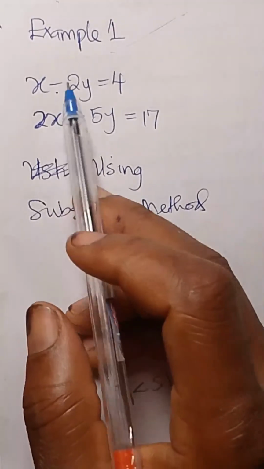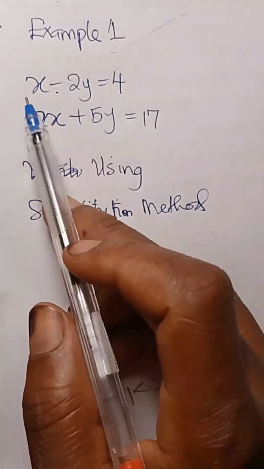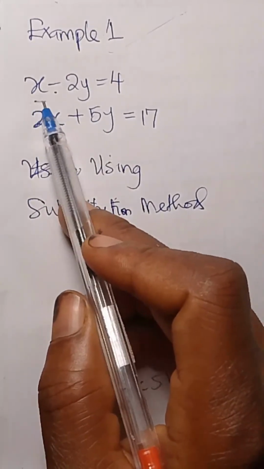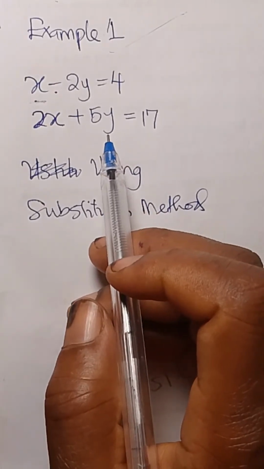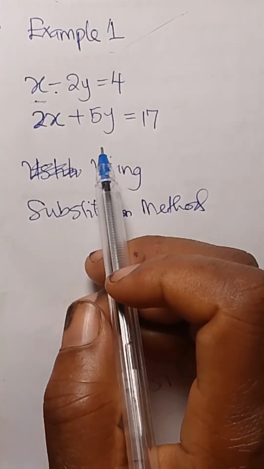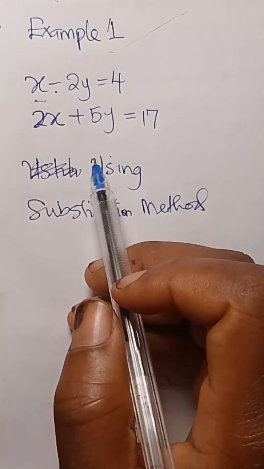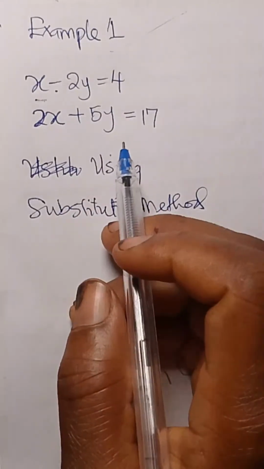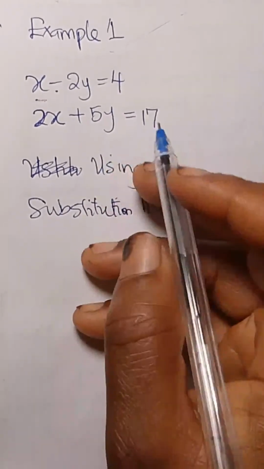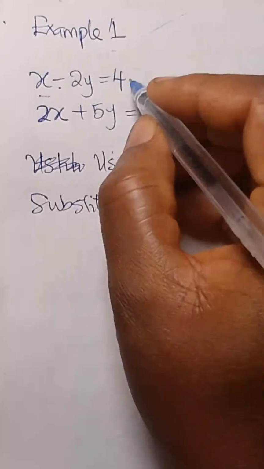So one of these 2 unknowns is going to be used to make the subject of the formula. Here, we're going to use x because it's easier to use x than any other one here. Then later, we substitute the equation we made from here into the other equation, which we did not use.